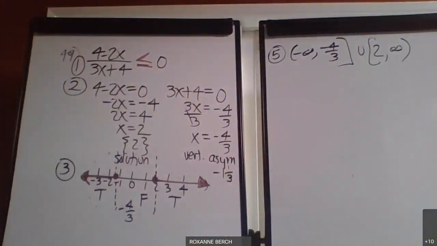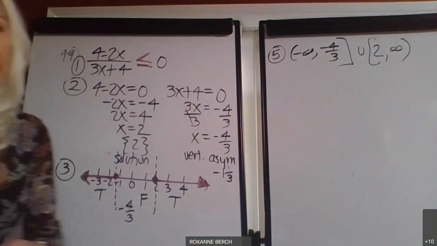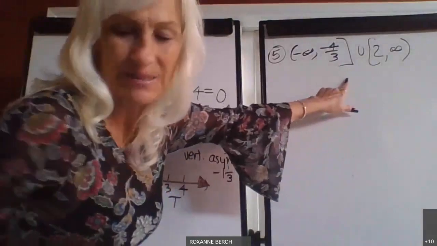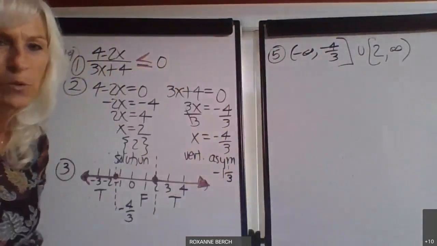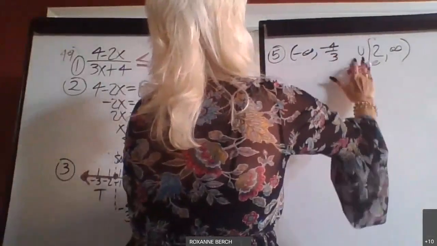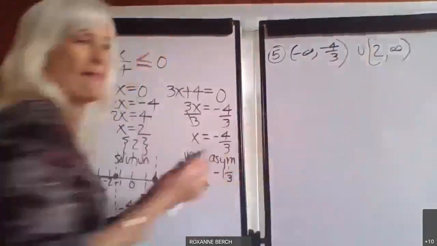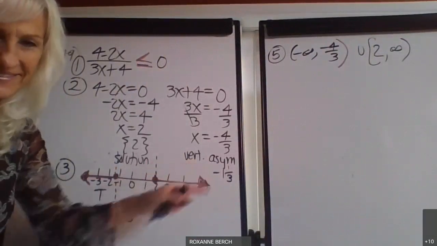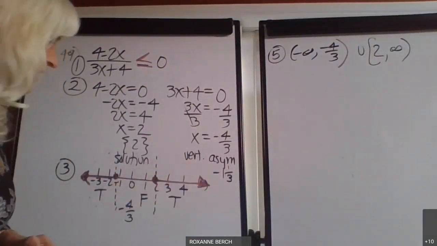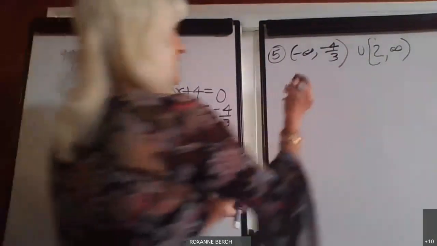Yeah? And is this right? Can this be closed on an asymptote? So what should we do? Right? Because of this, this number line isn't exactly right.